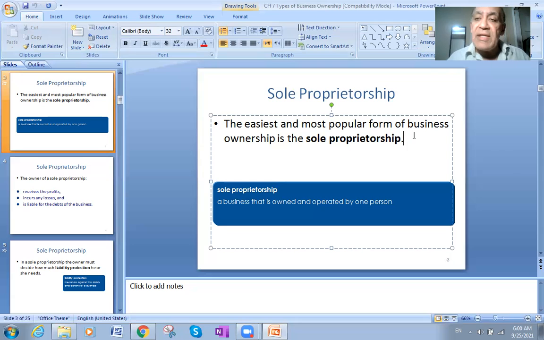Entry into the market and exit from the market is a very simple operation. It's easy to get in, and if he finds he is not succeeding, then it's easy for him to get out of the market.